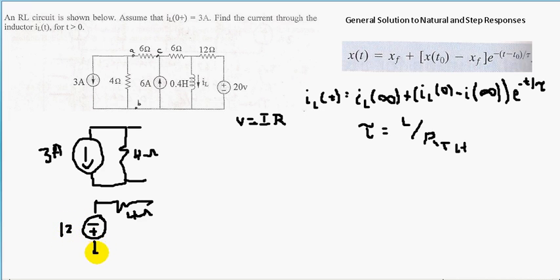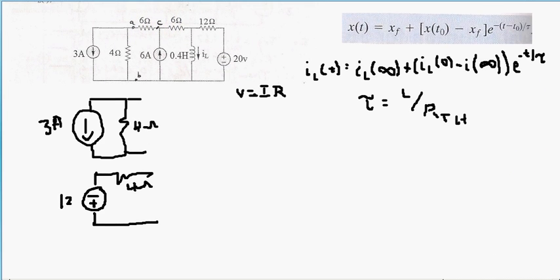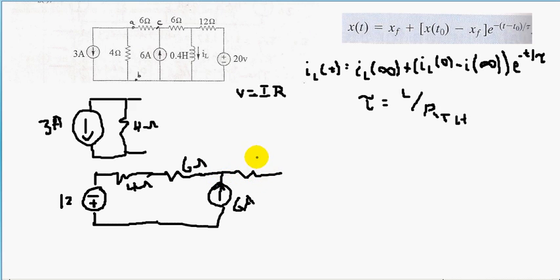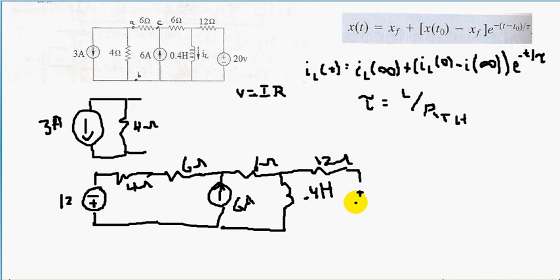Now we add back the rest of the circuit. So we have 6 ohms there in series, the 6 amp current source, the 6 ohm resistor, this 0.4 henry inductor, this 12 ohm resistor, and this 12 volt voltage source.